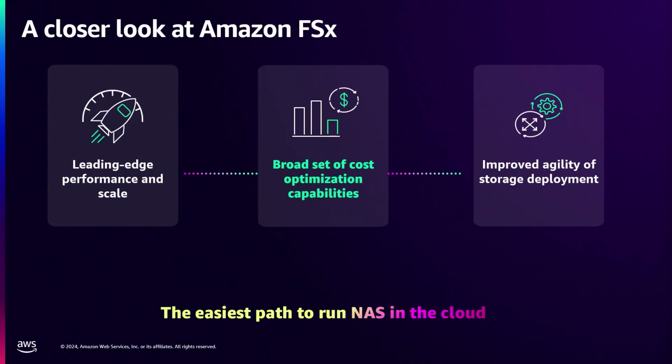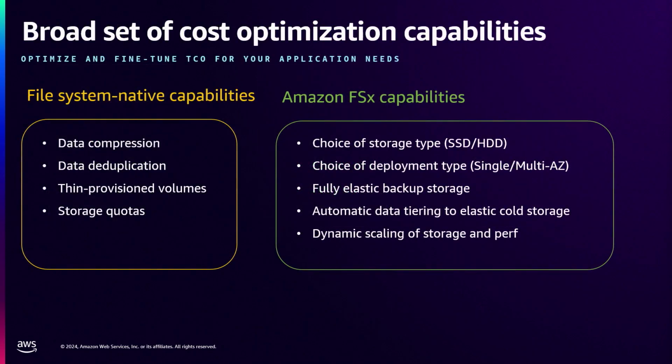So we talked a bit about performance and performance scalability. Now let's talk about cost optimization. To begin with, FSx provides out of the box a broad set of cost optimization capabilities. This breadth is super important for customers because different workloads can benefit from different types of cost optimization techniques.